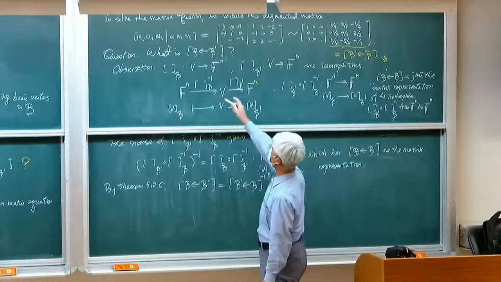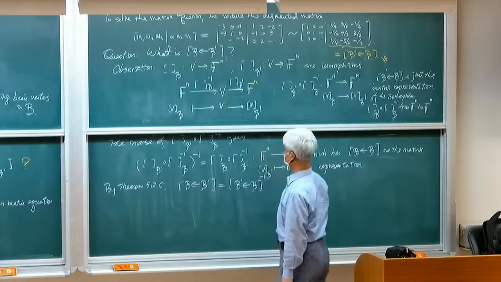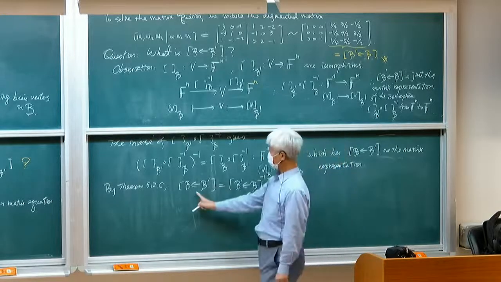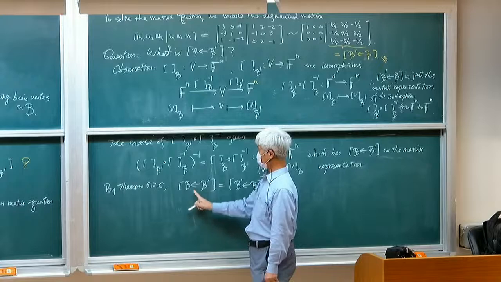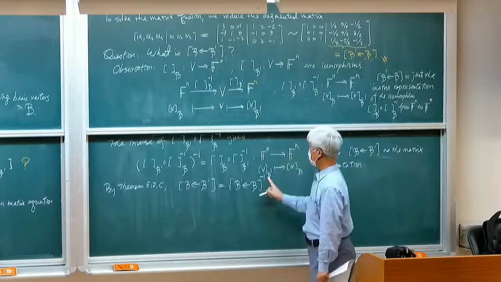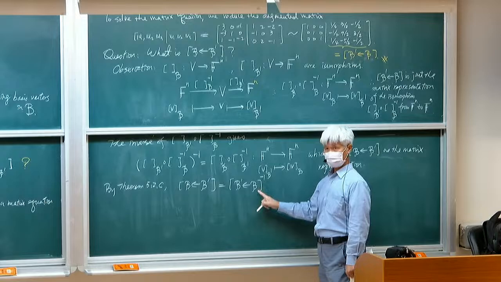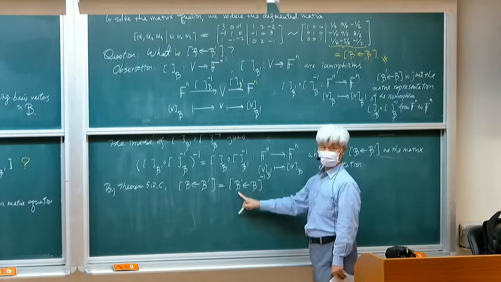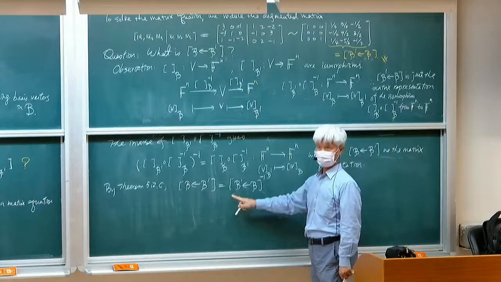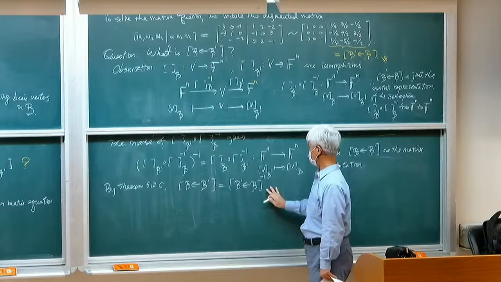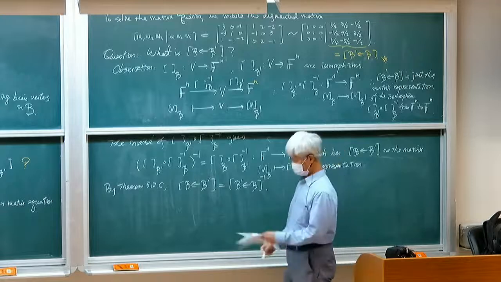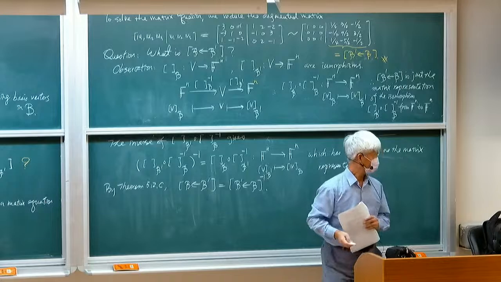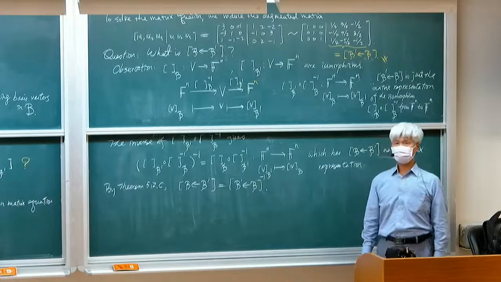Okay, so we can answer the question: the transition matrix from the B prime coordinate to the B coordinate is actually the inverse of the transition matrix from the B coordinate system to the B prime coordinate system. All right, so we answer our question here. Any questions?